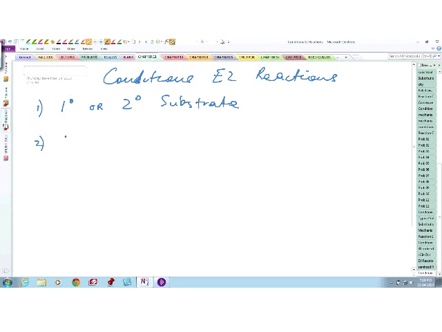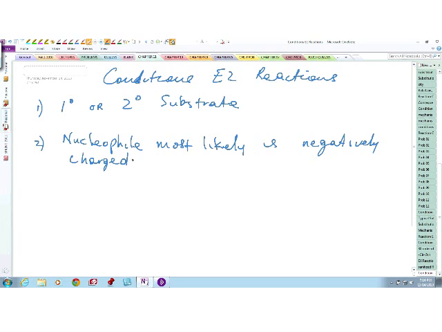Two, the nucleophile most likely is negatively charged. In other words, it is a strong nucleophile.